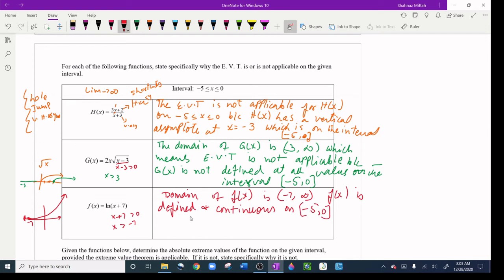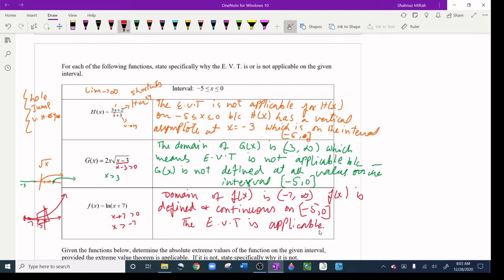And you can tell that. I know my domain is going from -7 to infinity, but my restriction here is -5 to 0. So for example, this is -5 and that's 0. Between -5 and 0, I am continuous. Nothing else is there. On -5 to 0, the EVT is applicable.